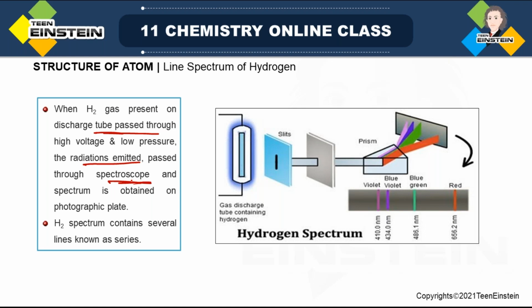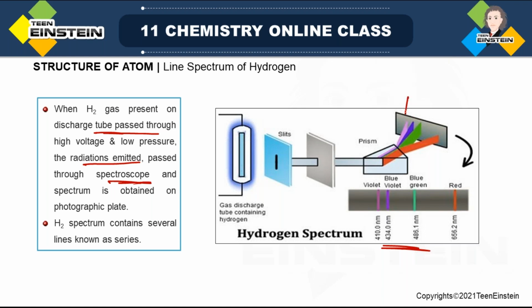Fine. So finally, the spectrum that we are getting on the photographic plate will have this type of nature. So the hydrogen spectrum contains several lines, and these lines are known as series. After going through the prism, there is a black background, so it is basically an emission spectrum. Though it is not mentioned, you can understand from the picture, it is an emission spectrum. We have some colored lines in the black background, so it is emitted radiation.